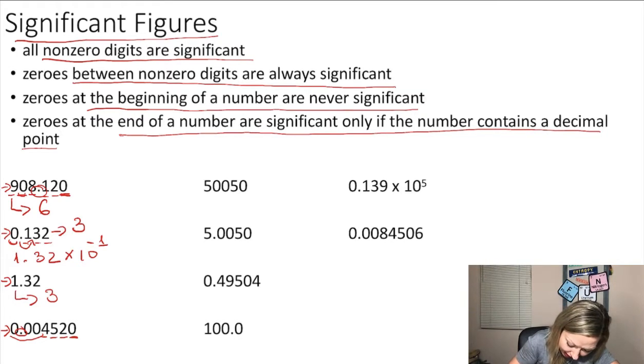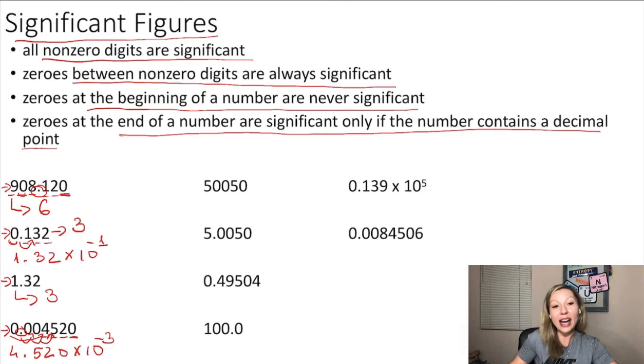I can move my decimal place by 1, 2, 3 places and use scientific notation to rewrite this number as 4.520 times 10 to the negative 3, because I moved my decimal place by 3. So how many sig figs do we have? Well, from the scientific notation, this is clear. We are going to have four significant figures in this number.